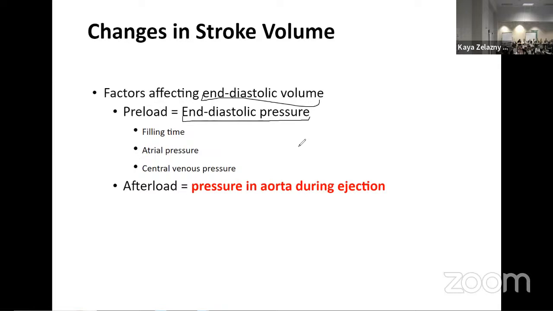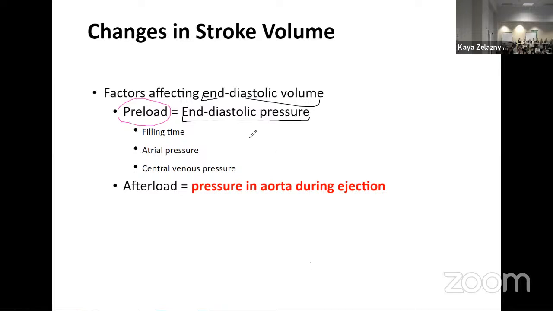If one is high, the other will be high. End diastolic pressure specifically is clinically referred to as preload. This is our preload, because this is before we contract. Right before we contract, that's the end of diastole, because diastole is relaxation.